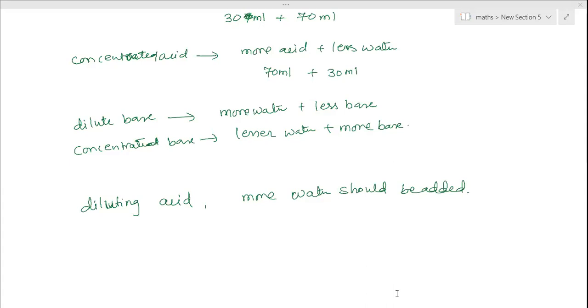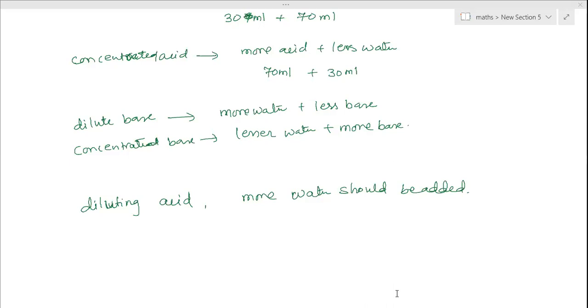So any person standing nearby in that room will get affected by those acid vapors, because they can easily react with the skin. Mostly they will react with the eyes, and they can damage the eyes. The person can be blind because of that. So much more precaution has to be taken during the dilution of acids or bases.